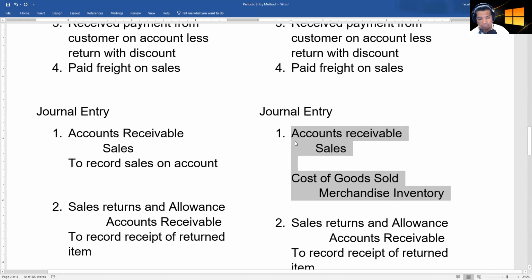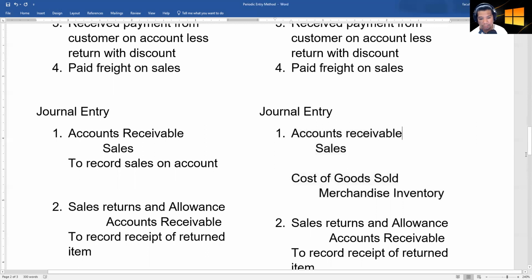Okay? So first, lalagay po natin yung nature ng transaction, account receivable and sales. This one, ilalagay mo po dito yung 15,000. Example, di ba yung kanina natin? You sold merchandise to a customer amounting to 15,000 pesos. So ang entry mo po dito is account receivable, 15,000 pesos, and sales, 15,000 pesos.